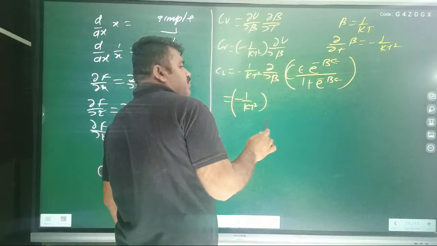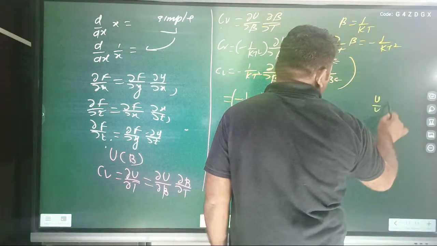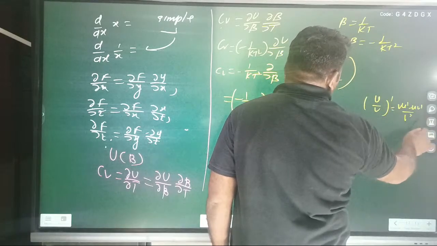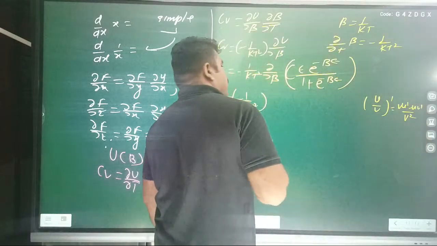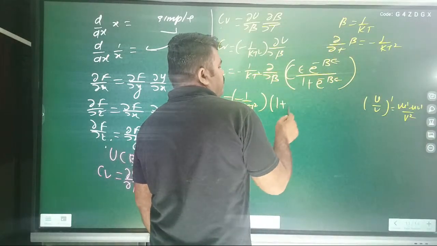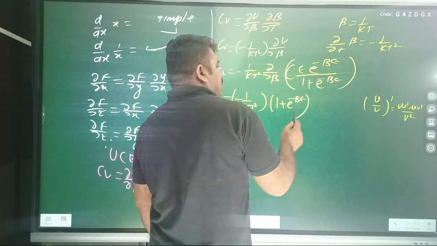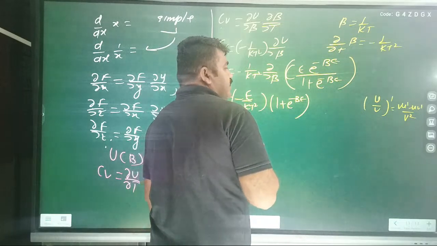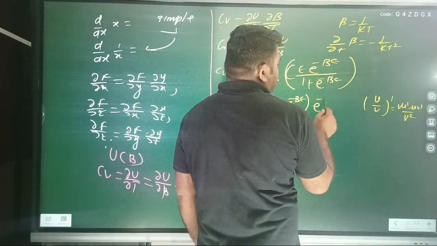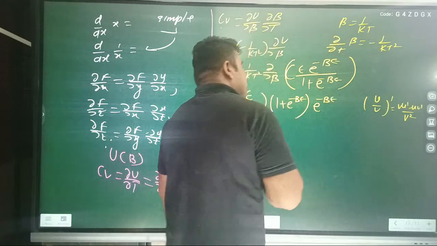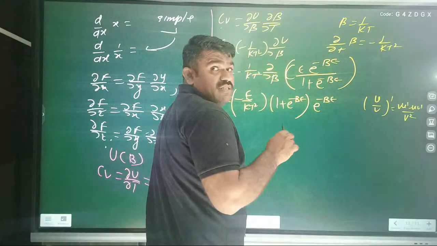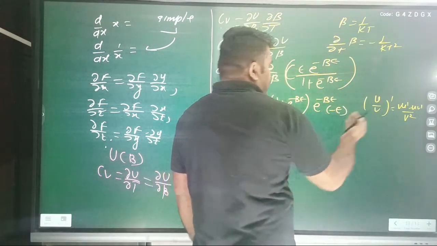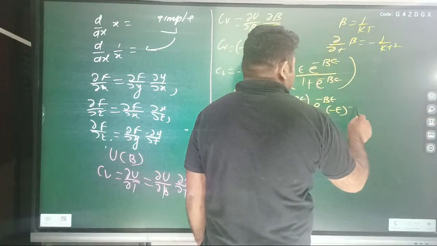Use the u upon v rule. (u/v)' is equal to (v u' − u v')/v². Clear? Now, what is the value of v? v is 1 + e^(−βε) into the derivative of this one. Epsilon we can take common out. Okay? Into the derivative of this one: e^(−βε) into the derivative of −βε with respect to β. We are getting −ε. Minus the second one.